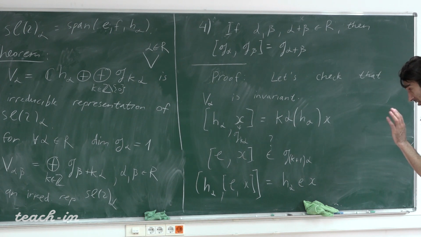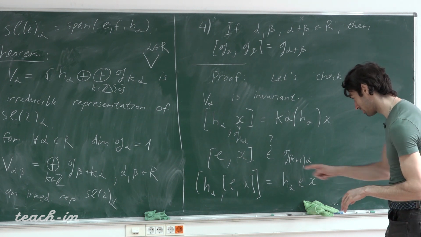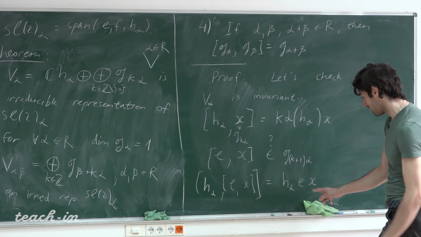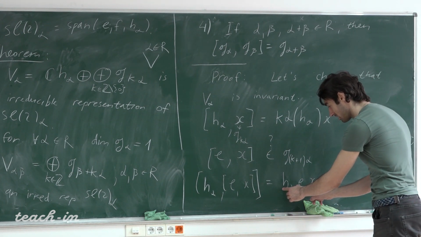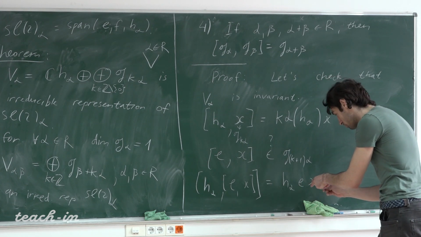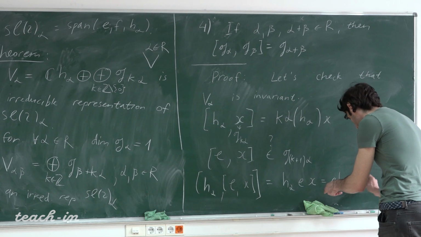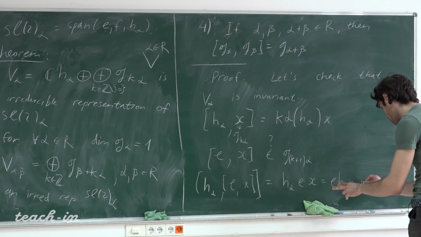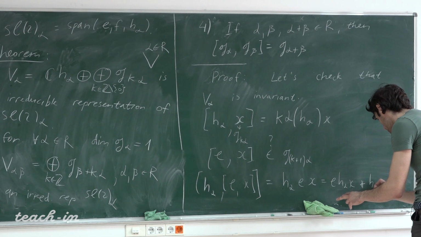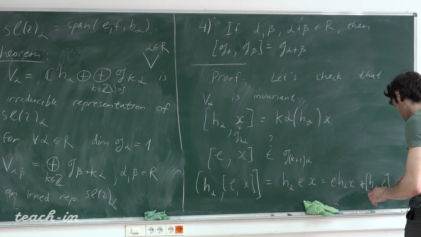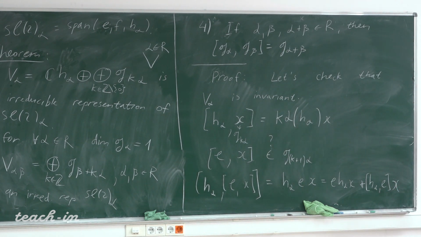This is just my notation. I don't have a bracket here. So now let me move this through. I will have E H alpha X plus the commutator of H alpha and E applied to X, right?